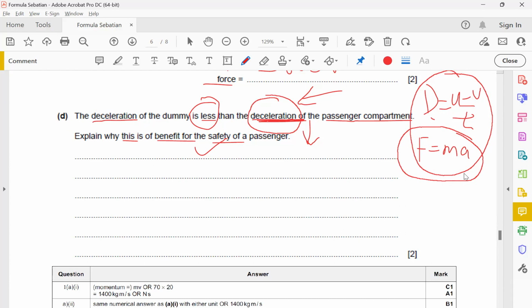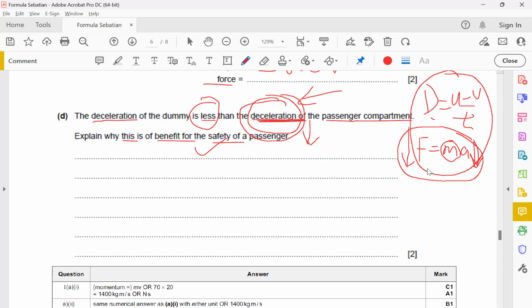Guys, look at this formula. If today I say that the deceleration is less, can I say that this thing here is less also? The mass of the dummy is definitely not going to change, right? So when there is a decrease in the deceleration, what's going to happen to the force? Yeah, the force is lower as well.